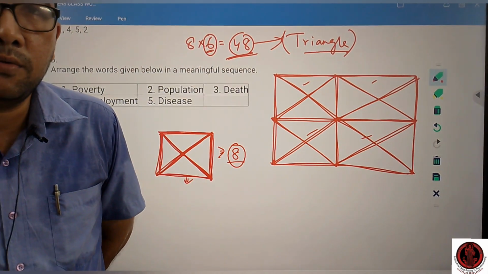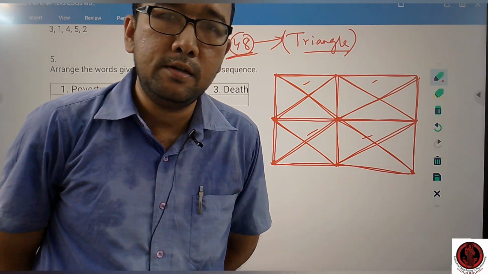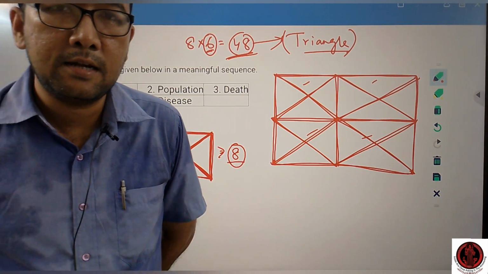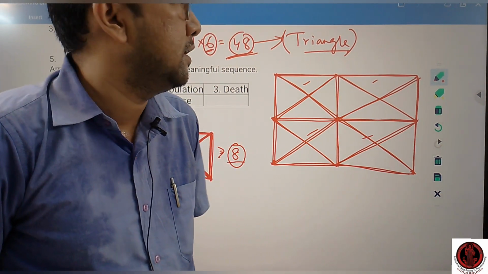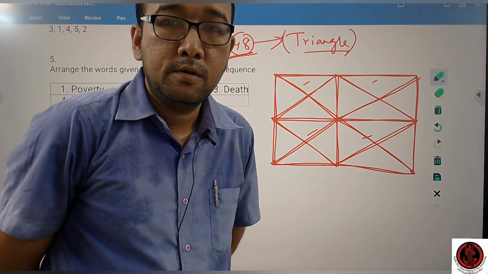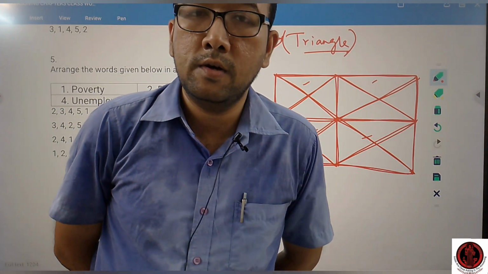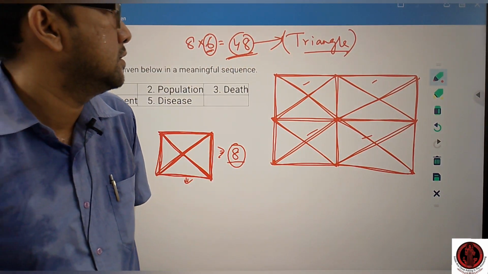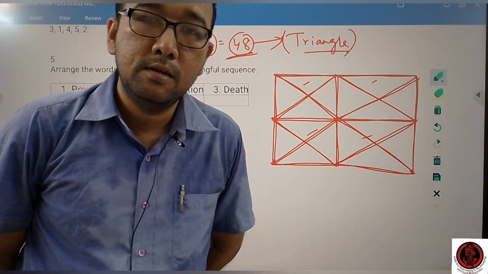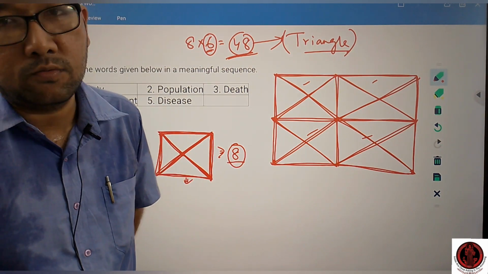Okay. So in figure counting, 3 types of counting are there: rectangle, square, and triangle. So today we have covered 3 chapters: odd one out, logical arrangement, and figure count.